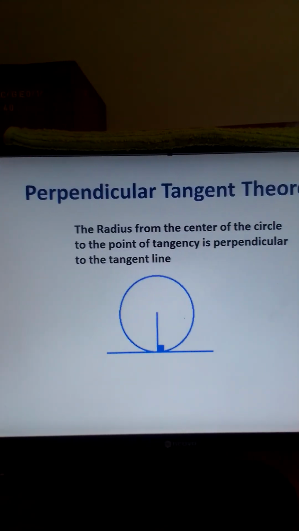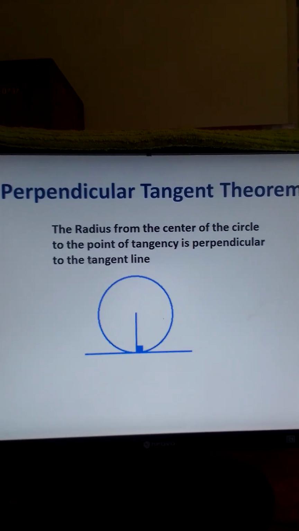Next is the perpendicular tangent theorem. It says that the radius from the center of the circle to the point of tangency is perpendicular to the tangent. So this is a tangent; it just touches the circle at one point here.